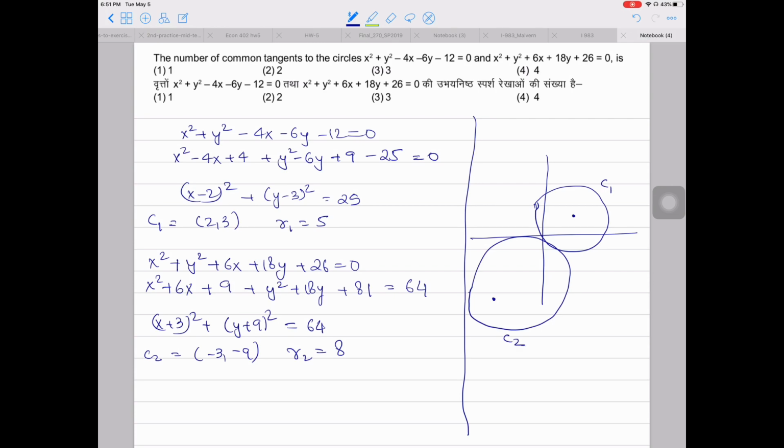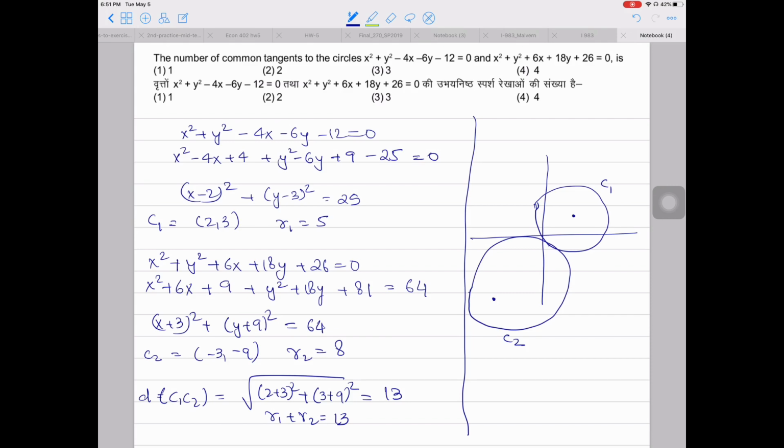One thing to note here is we need to find the distance between the centers of the circles, and that is fairly straightforward. So it's 5 squared plus 12 squared, which is 169, and the square root of 169 is 13. And you can see that R1 plus R2 is also equal to 13.